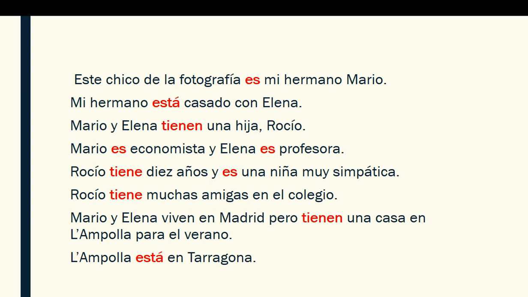Rocio tiene 10 años y es una niña muy simpática. Tiene y es. Rocio tiene muchas amigas en el colegio. Mario y Elena viven en Madrid, pero tienen una casa en Lampoya para el verano. Lampoya está en Tarragona. So those are the answers for this activity.